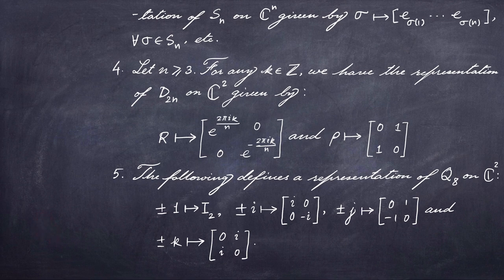Before the advantage, you can observe that this assignment is indeed a homomorphism from G to GL2(C), which is also injective.